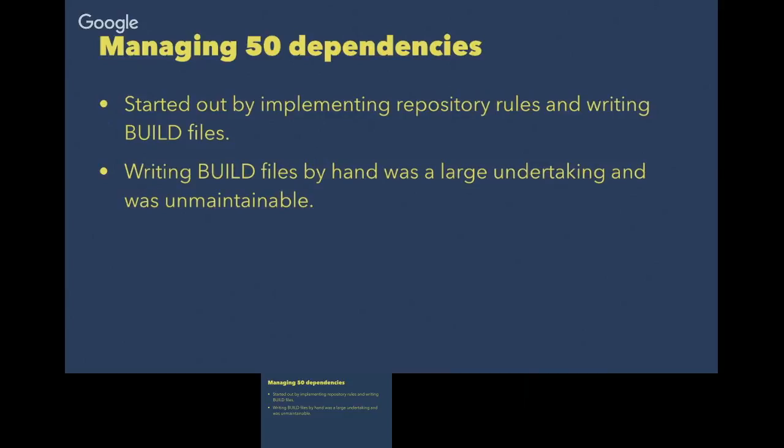We found new HTTP archive. We found Git repository rules, this and that, and we started out by writing build files by hand. Quickly we realized that this was not going to be feasible for 50 external dependencies, and even if we were able to implement all this build file code ourselves, it's the last thing that we ever want to maintain in the world.